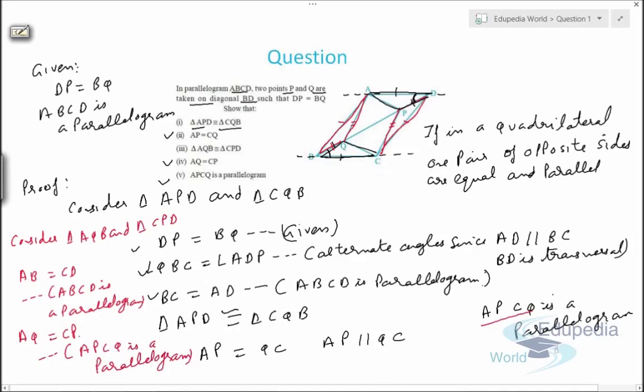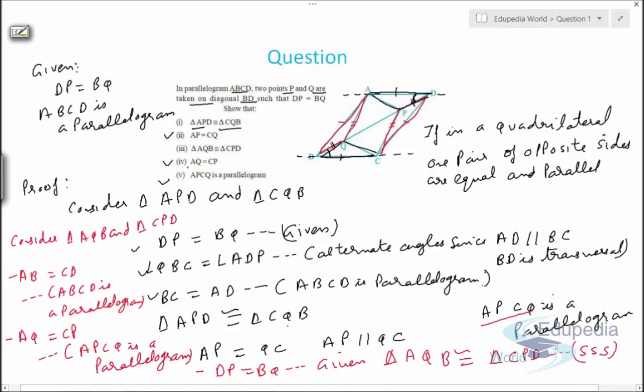Then we can say that DP equals BQ. It's given. So we have three conditions, 1, 2, and 3. So we can say that triangle AQB is congruent to triangle CPD by SSS. So this is how we can prove these types of questions.